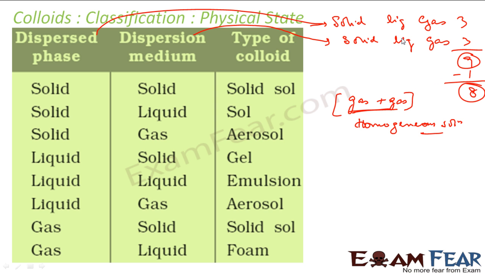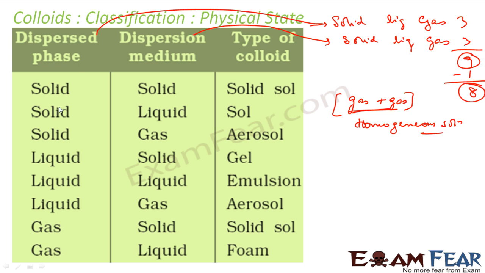There are three different states for dispersed phase, solid, liquid, gas, and three different states for medium, solid, liquid, gas. 3 into 3, 9 possible combinations. Solid with solid, solid with liquid, solid with gas, 3. Liquid with solid, liquid with liquid, liquid with gas, 3 more. Gas with solid, gas with liquid and gas with gas, 3 more. Total 9. But gas within gas is not a colloid, because they mix immediately and are homogeneous solutions.